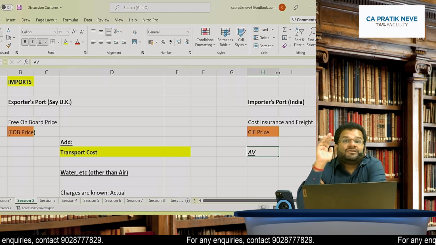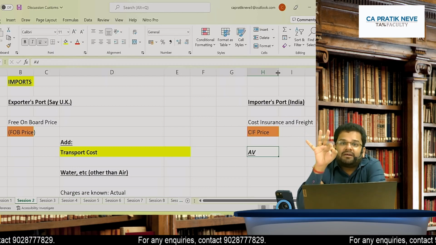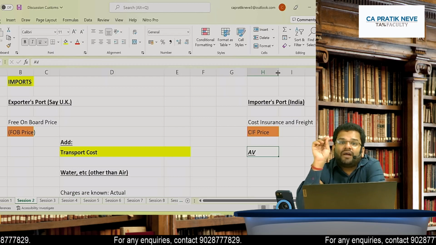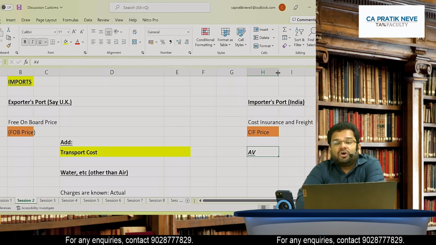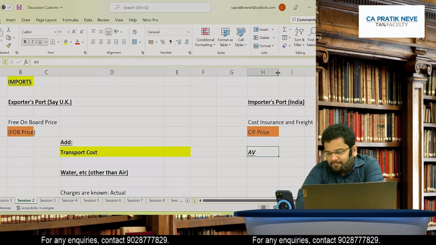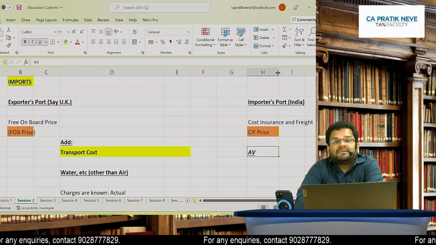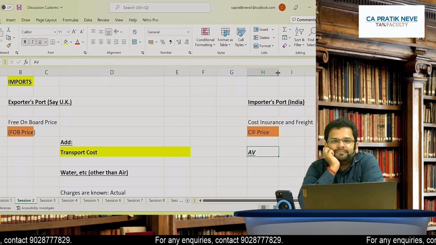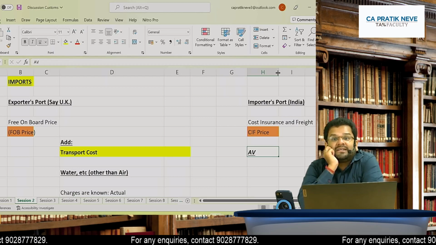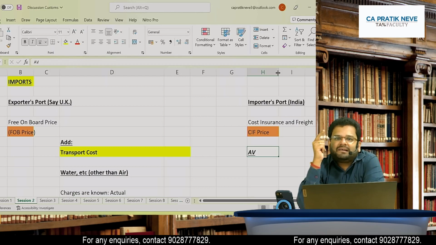If transport is through air, then you take actual, but compare it with 20% of FOB, and whichever is less. In short, how you will keep in mind: when transport is by air, the government gives you the facility of not exceeding 20% of FOB. But when transport is by any other means, you have to take actual directly.